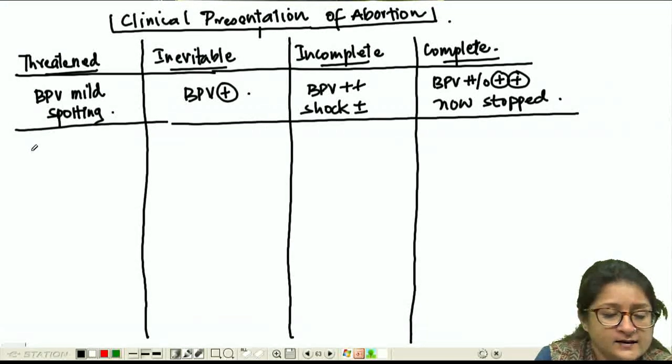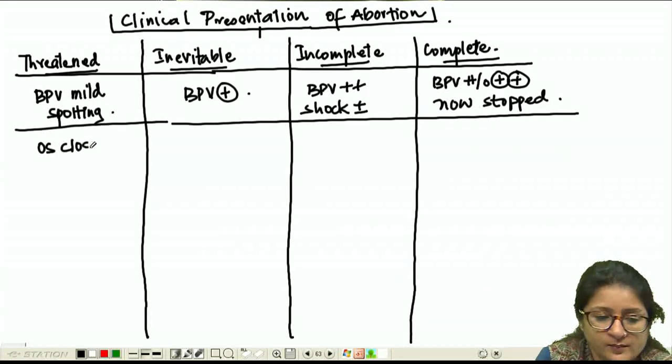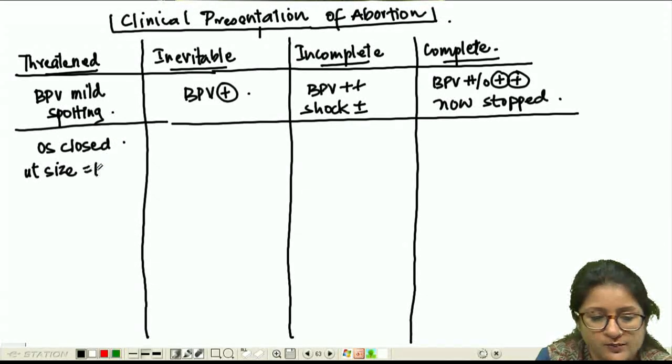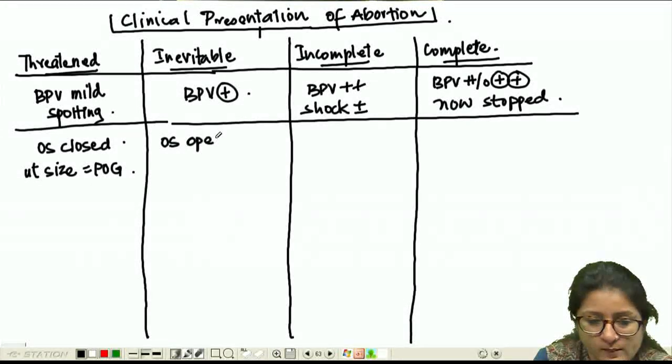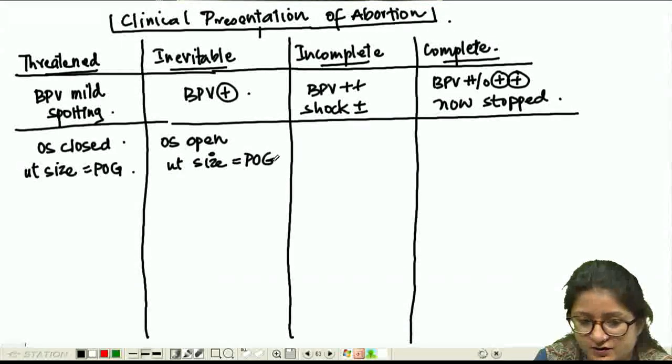Considering the physical findings, remember that in threatened abortion, the os will be closed and the uterus size is going to correspond to the period of gestation. In inevitable abortion, the os is open and the uterus size is equal to the period of gestation.